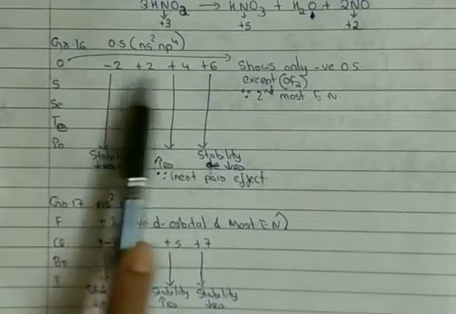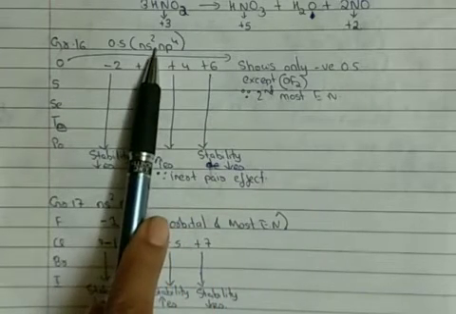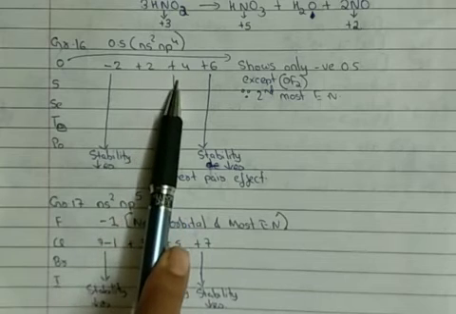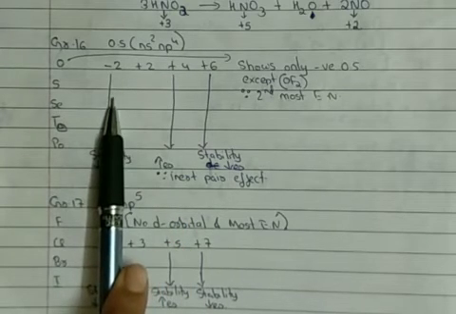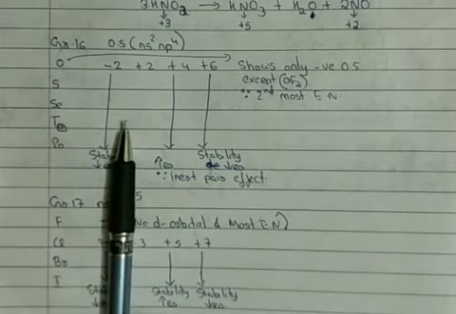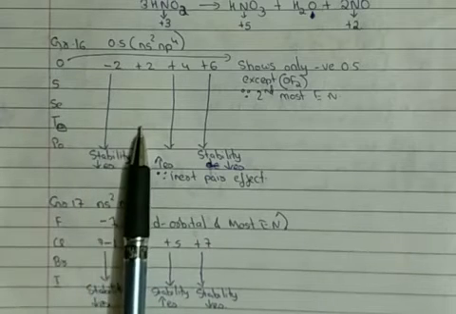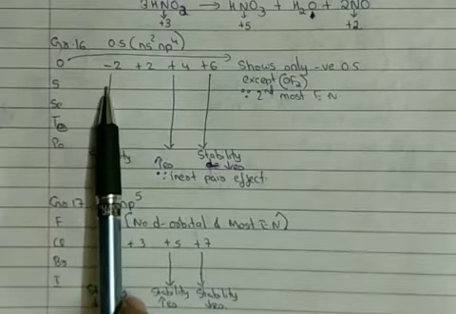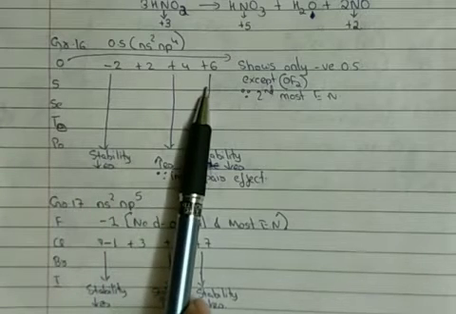Other than -2 and +6, it can also donate 4 electrons, so that is +4. It also exhibits +2 oxidation state, definitely in some of the cases. So the common oxidation states of group 16 are -2, +2, +4 and +6.